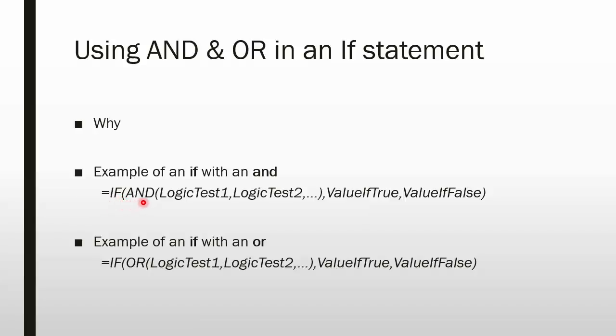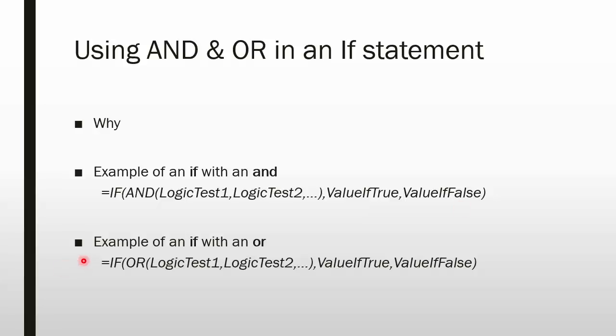Then this area where our and is listed, all the way up to the comma just before value if true, is our logic test area, and this is where we've placed our and with its series of logic tests. We have an opening parenthesis for if, an opening parenthesis for and, a closing parenthesis for and, comma, our value if true, comma, our value if false, and our last closing parenthesis for the if statement.